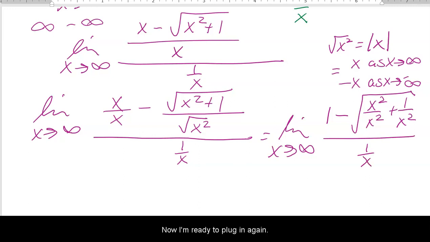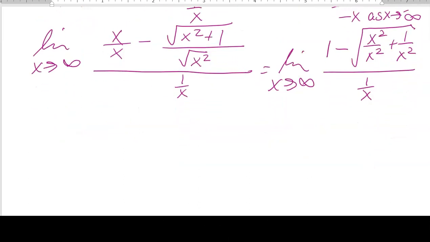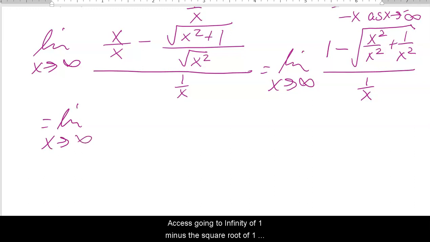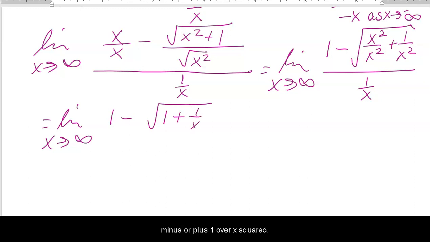Now I'm ready to plug in again. x squared divided by x squared will of course reduce to 1. This gives me the limit as x goes to infinity of 1 minus the square root of 1 plus 1 over x squared, all divided by 1 over x.